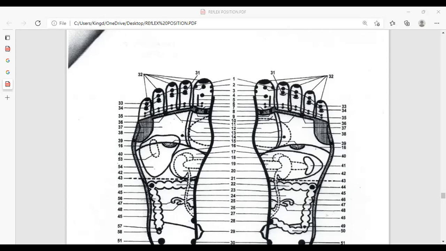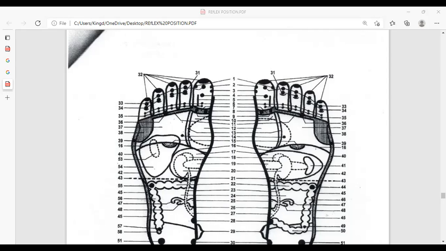At that point on the chart, number one is the pineal gland, on the inner part of the big toe, and that's where you do the pressure with the thumb. You pressure that area like 1, 2, 3 using your thumb.